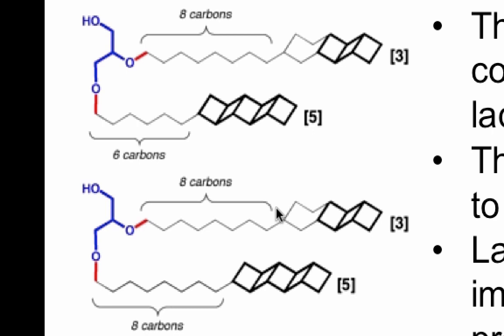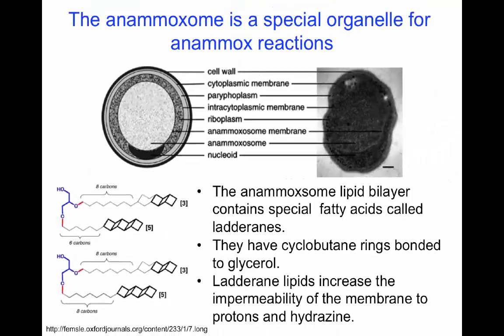Now the ladderane lipids, because of the way in which they can stack, are able to increase the impermeability of the membrane to protons and a molecule called hydrazine, which we're going to look at in a moment.